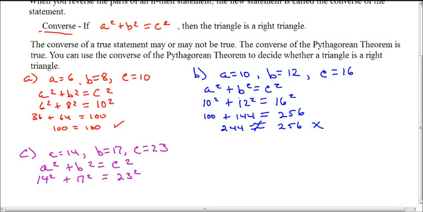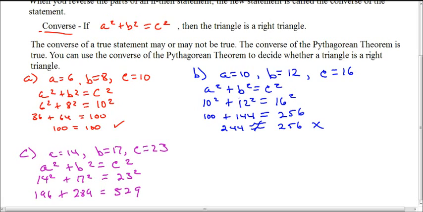Let's go and do some math. 14 squared is going to equal 196, plus 17 squared is going to equal 289, and 23 squared is going to equal 529.